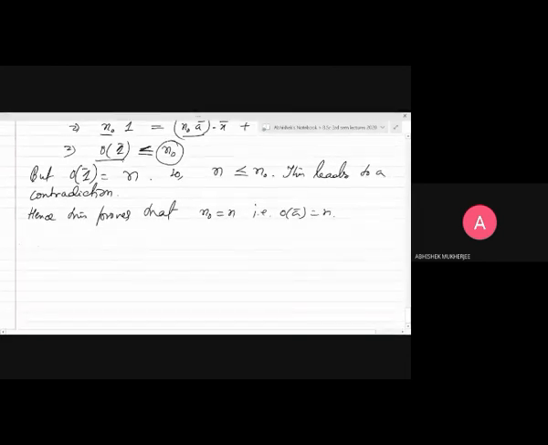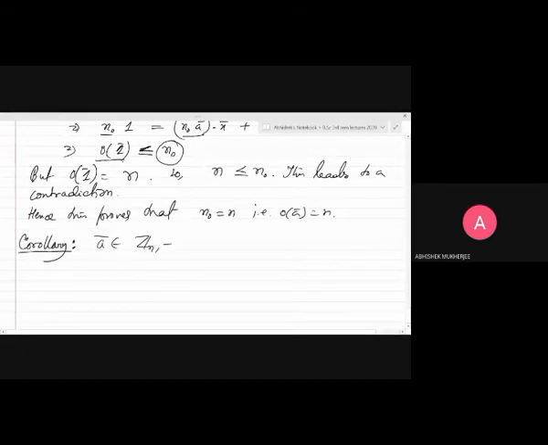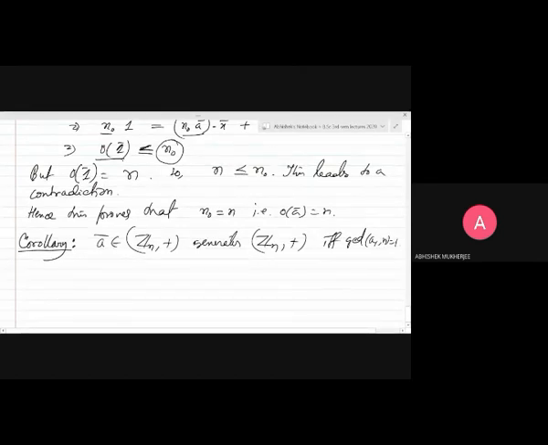And this proves the corollary: a class belongs to Zn plus generates Zn plus if and only if GCD of a comma n is 1, right? Good. Very nice.